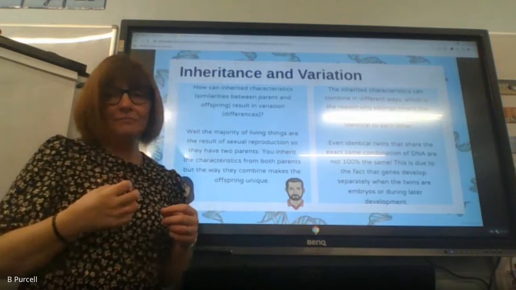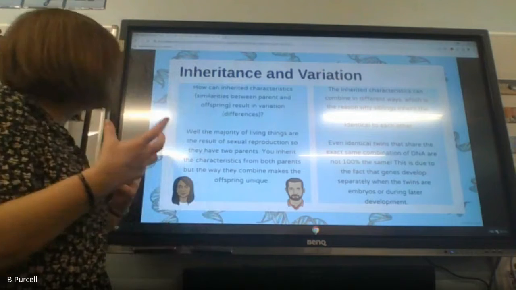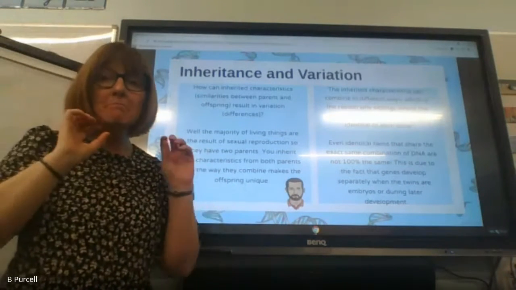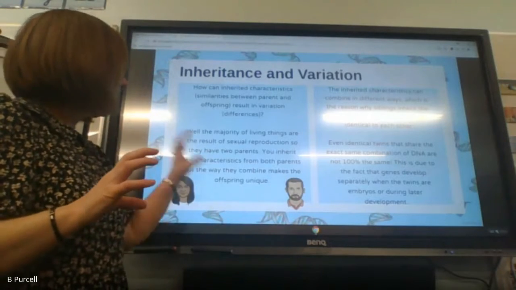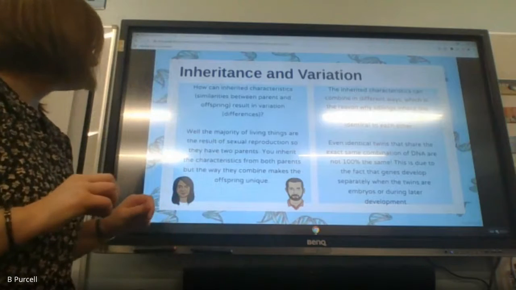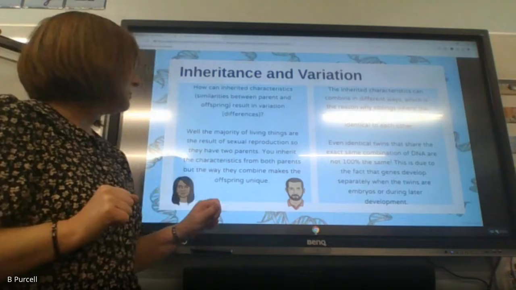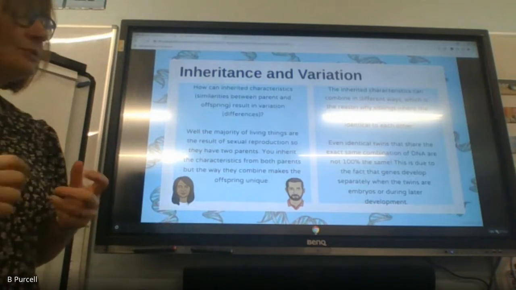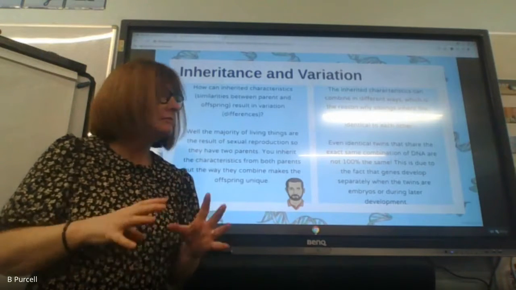There are insects and animals that can reproduce without two parents, but the majority of animals need two parents in order to reproduce. You inherit the characteristics from both parents, but the way they combine makes the offspring unique. Unique meaning that they are only for that person.